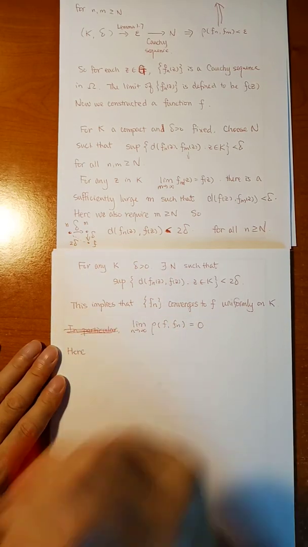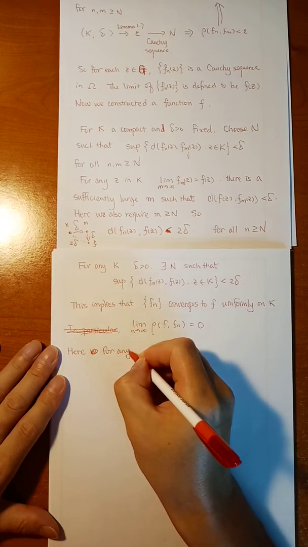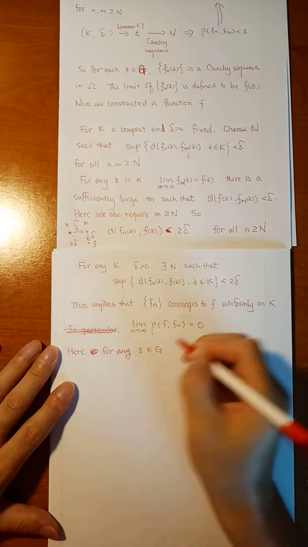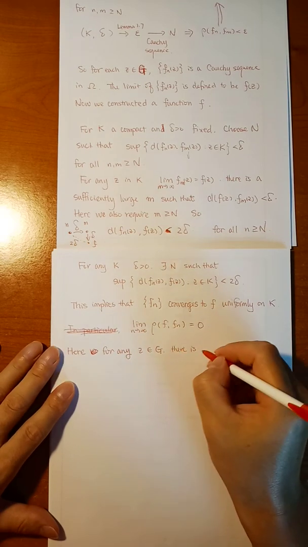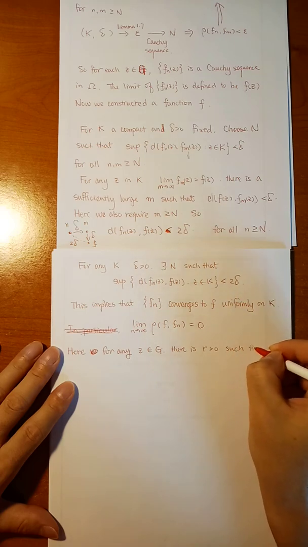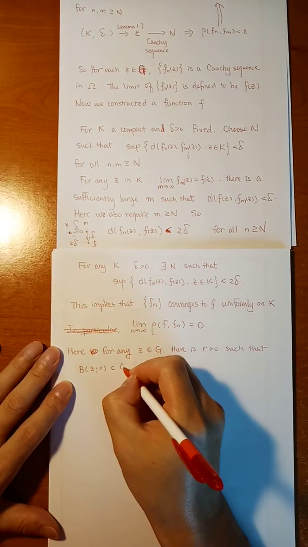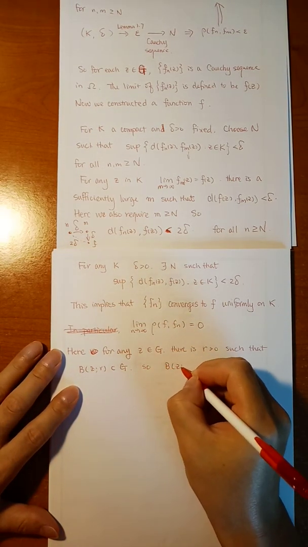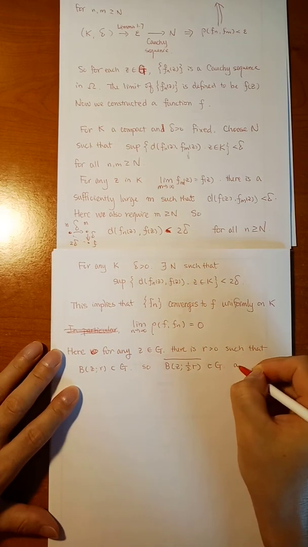Here, for any point z in G, there is an r greater than 0 such that the ball centered at z with radius r is totally contained in G. It's totally contained. So the ball centered at z with radius 1/2 r and its closure is also totally contained in G, and it is compact.